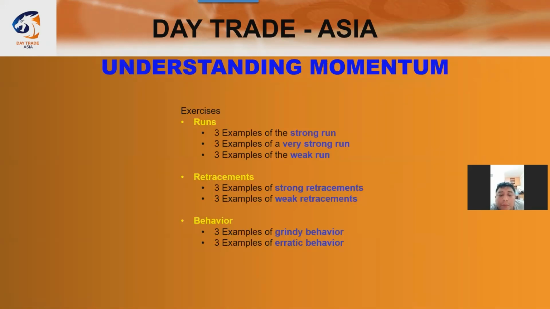So Kyle, if you want to do some homework for Monday and show it to us again, give me three examples of a strong run, another one with a very strong run, and a weak run. Again, strong retracements, weak retracements. I'm going to give you these slides again. I'm going to upload them to the Discord room, and you can review them if you have any questions.